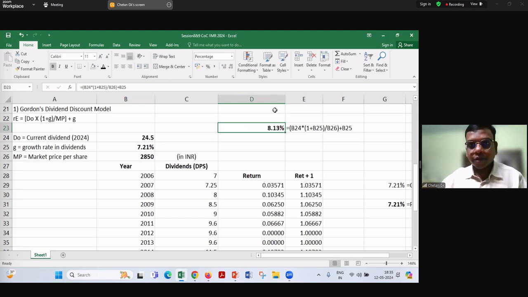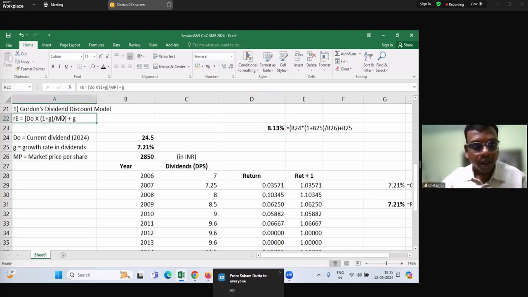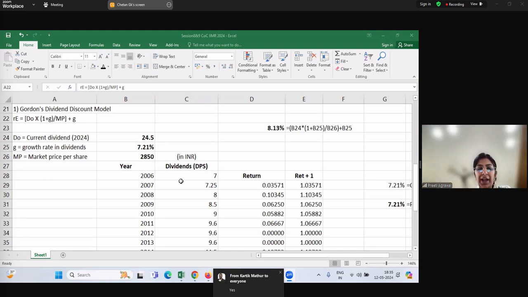How many got 18.13? Hopefully everybody must have got it if you have solved this equation properly. So this 24.5, we had assumed, the whole dividend column we had assumed.